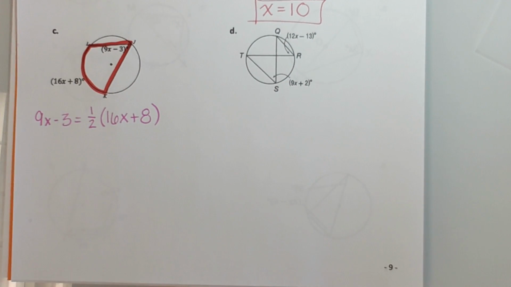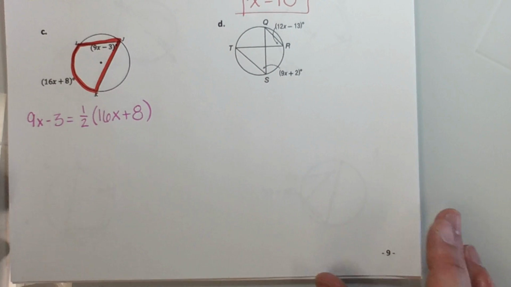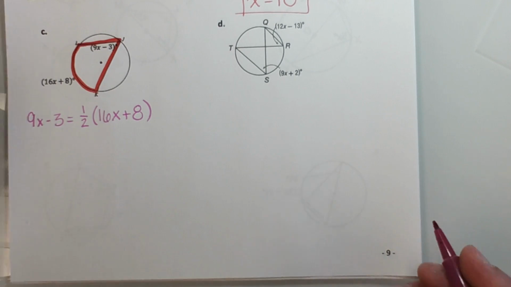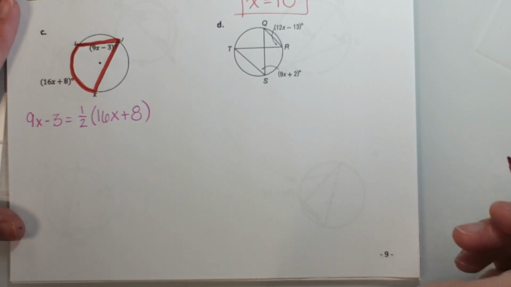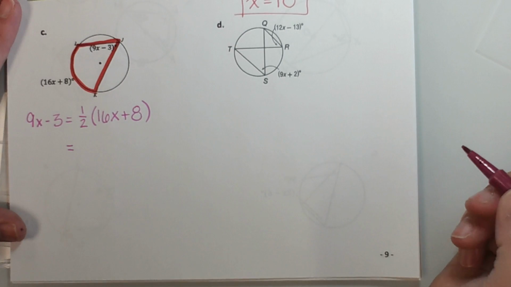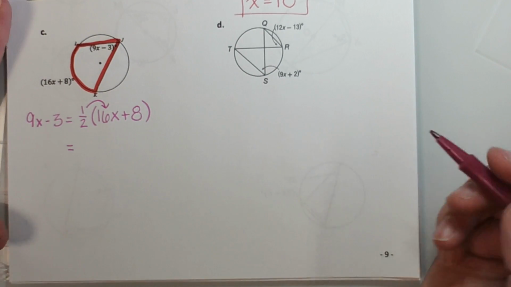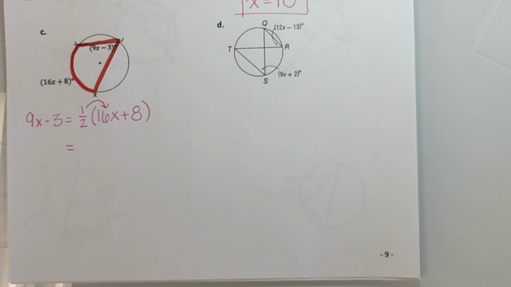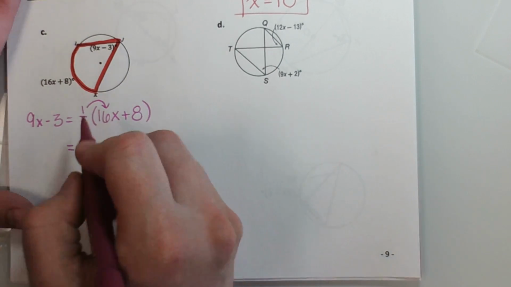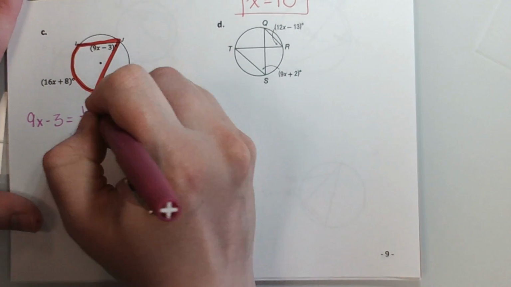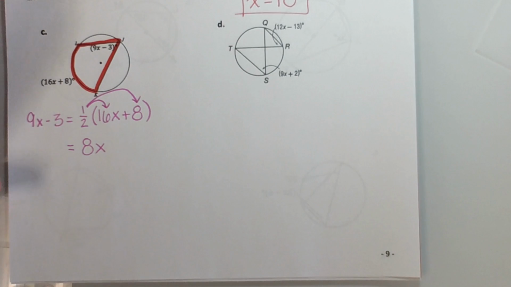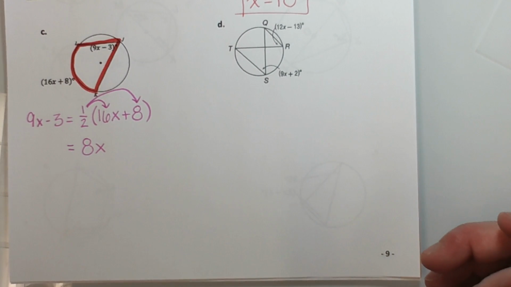Jasmine? Now what? Distribute. Greta, what do we get when we distribute? 1/2 times 6. 8. Mm-hmm. And 1/2 times 8? 4.